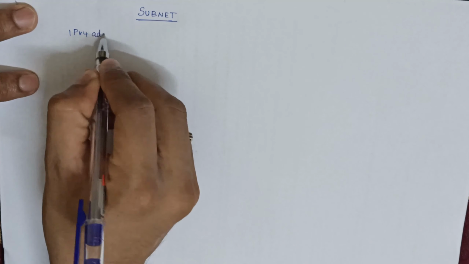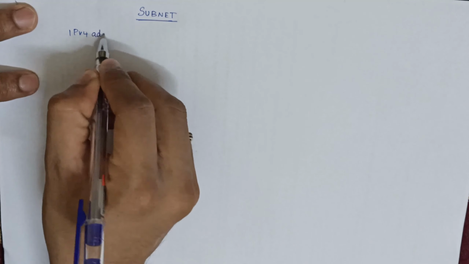For binary, 2 to the power of n, it starts with 2 to the power of 0 from right to left. So 2 to the power of 1, 2 to the power of 2, 2 to the power of 3, 4, 5, 6 and 7. You can see it's from 0 to 7, so 8 bits.